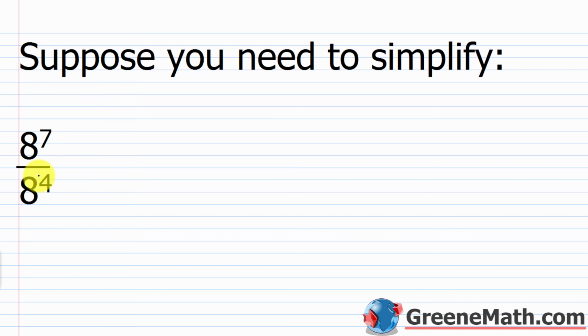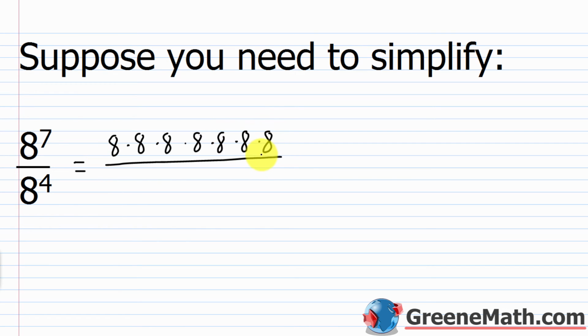So with the knowledge we already have learned, we could take 8 to the 7th power and write it as 8 times 8 times 8 times 8 times 8 times 8 times 8, this over 8 times 8 times 8 times 8. All right, we can cancel common factors between numerator and denominator. We cancel this with this, this with this, this with this, and this with this, and I'm left with 3 factors of 8, or 8 to the 3rd power.